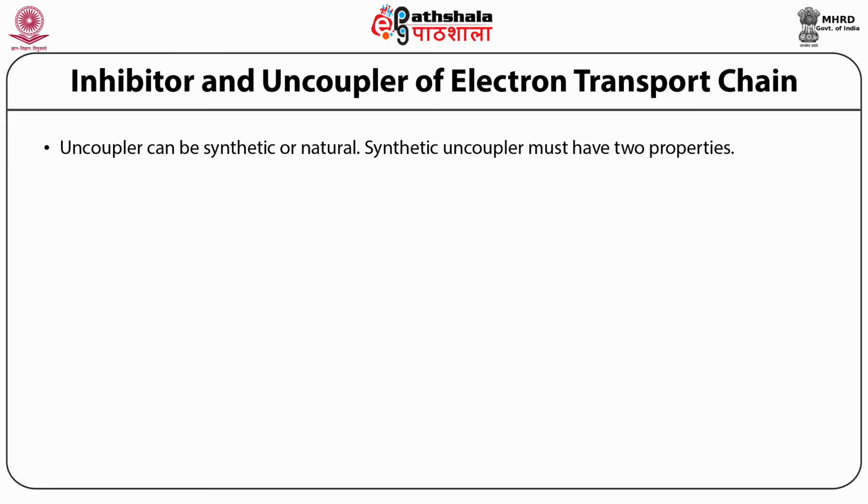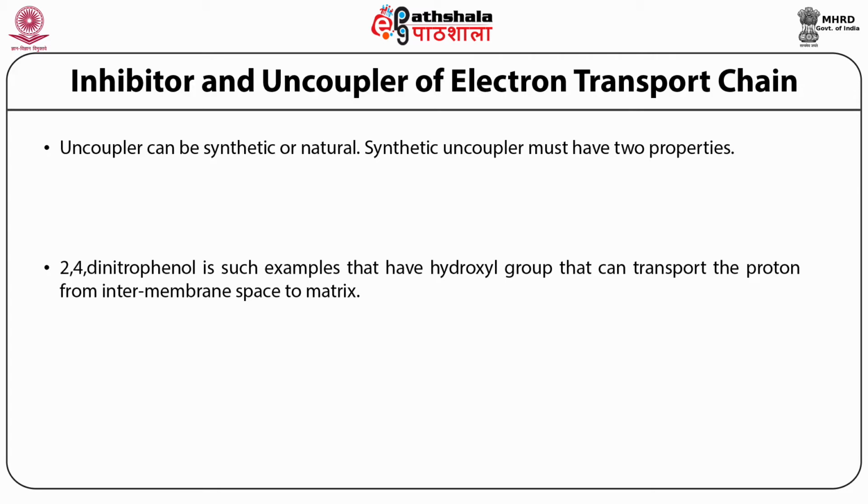But what happens here, if you have uncoupler, the uncoupler takes proton from the intermembrane space on its ionizable group and crosses the mitochondrial inner membrane to reach the matrix, because it is hydrophobic in nature. In this way they dissipate the delta G created in the intermembrane space, which leads to the production of heat.